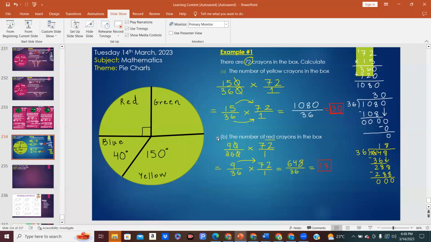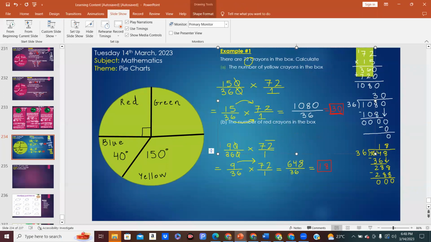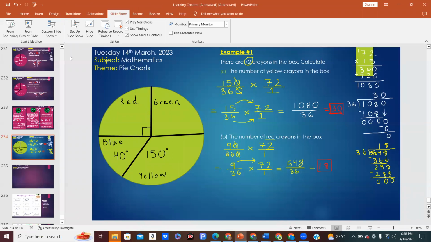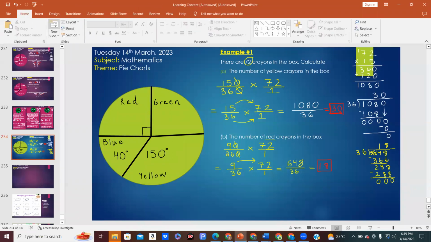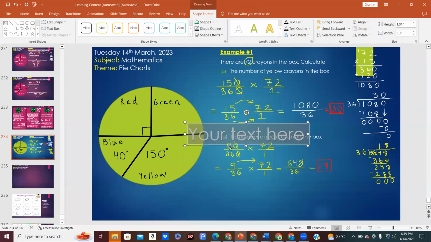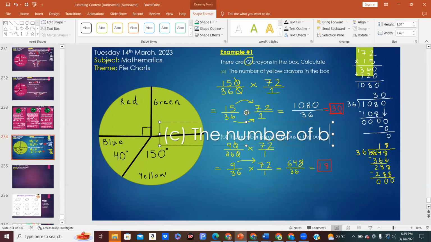So for the blue, the number of blue crayons.